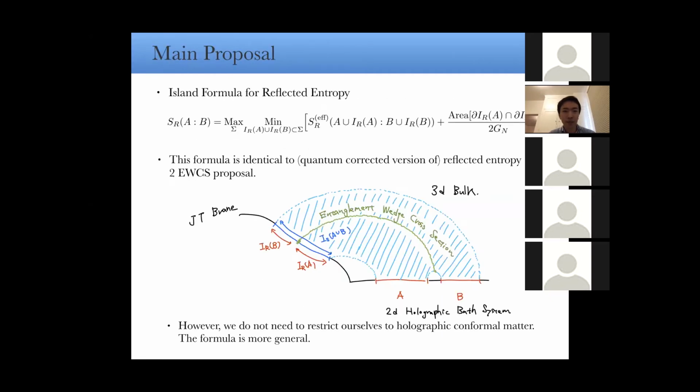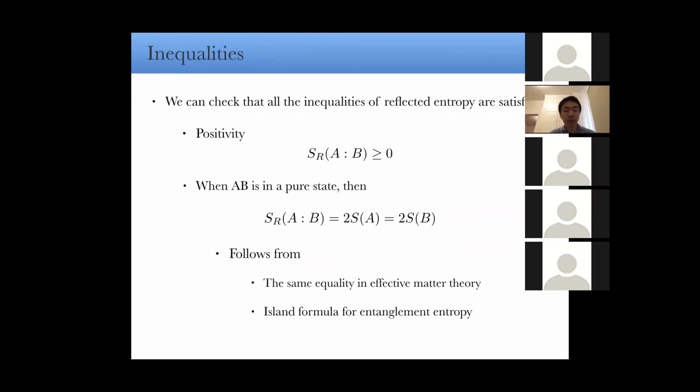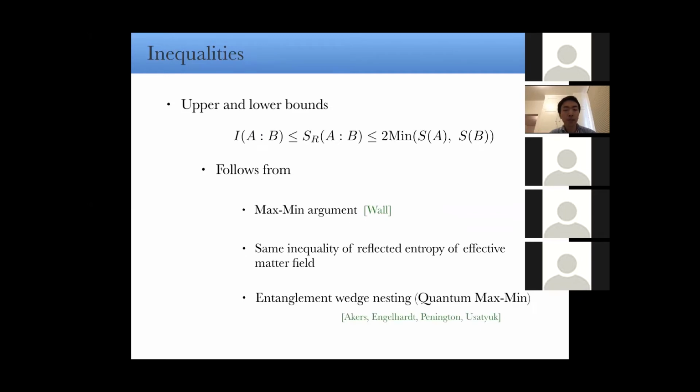So we used in our proposal the maximum definition, and we also used the same inequality of that of effective matter theory. And finally, we also use the entanglement wedge nesting property, which will be explained by Misha next week. So we could say this basically follows from the QFC.